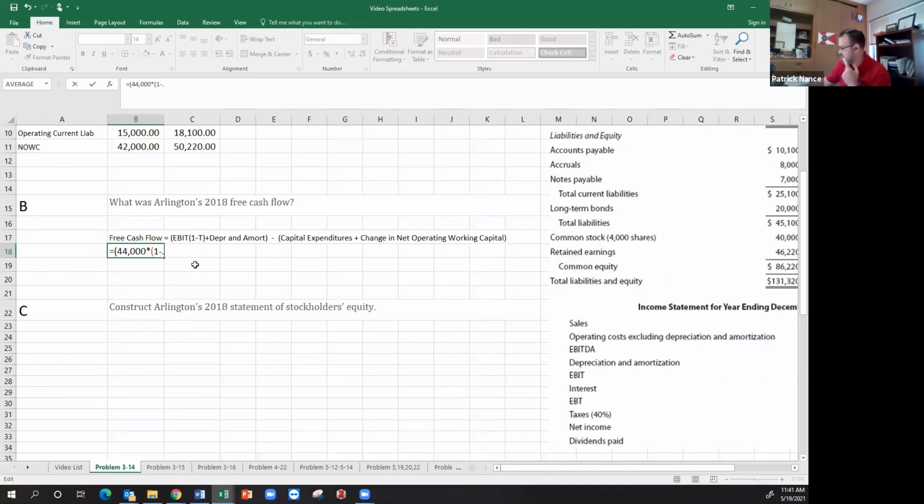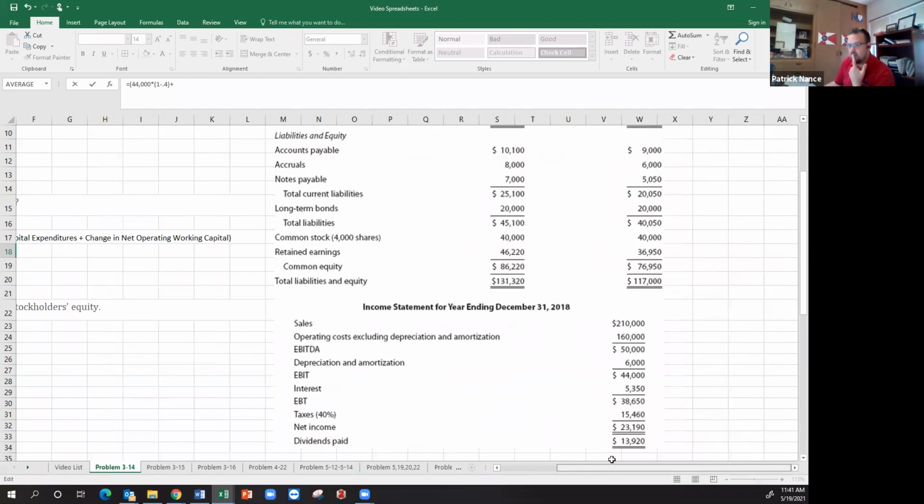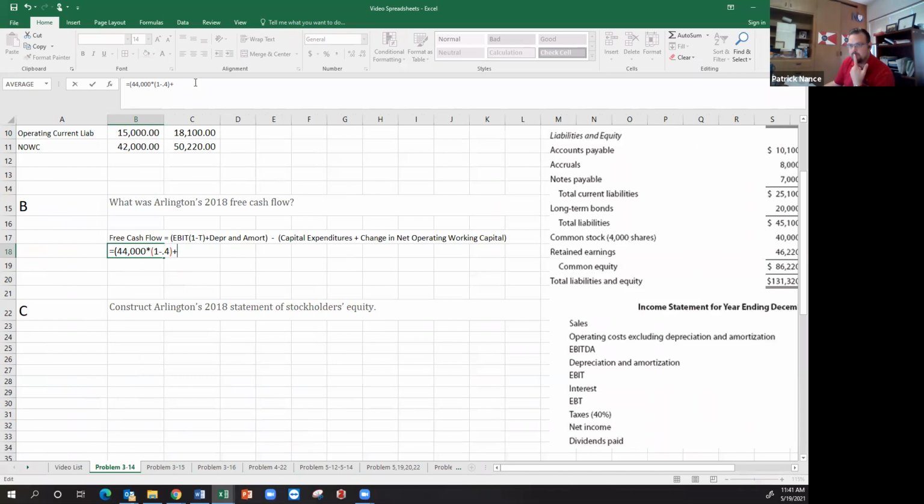Taxes are 40%. Okay, plus my depreciation and amortization, which is 6,000. Close up parentheses, and all of that minus my capital expenditures.